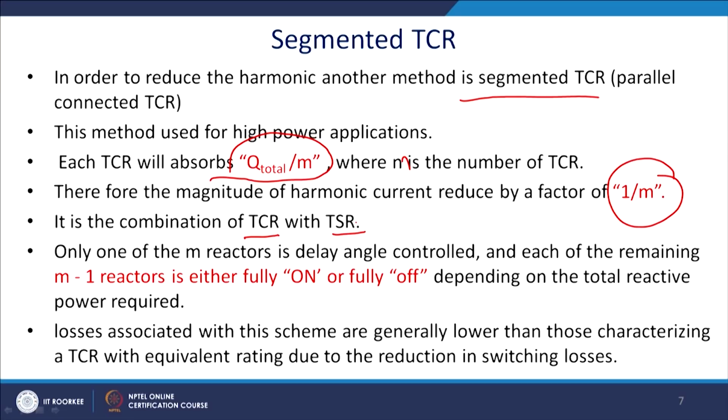Only one of the M reactors has delay angle control, and the remaining M minus 1 reactors only have on and off control. So, this control is very easy. One will have a master where you can change it, and the others will have just on-off control depending on the total reactive power required.